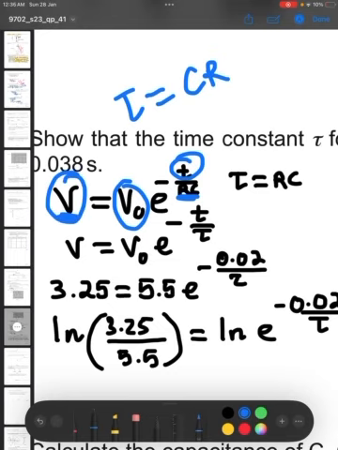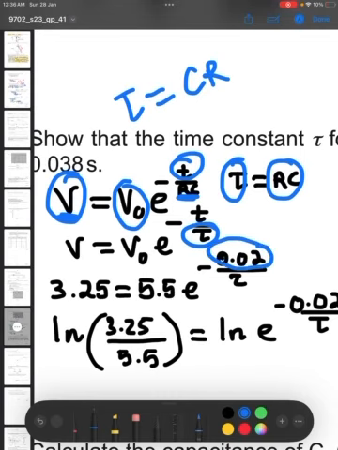This is the voltage that we have if a capacitor is discharging. Instead of wasting our time, we are looking for the time constant, so we just put tau there. We put the time taken t as 0.02 seconds, the time taken to move from an initial voltage of 5.5 to a final voltage of 3.25.